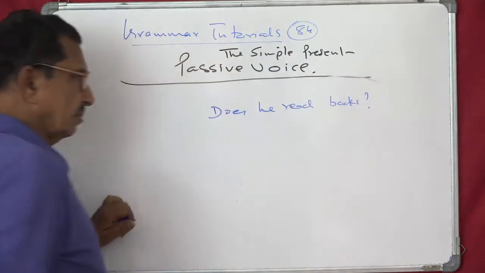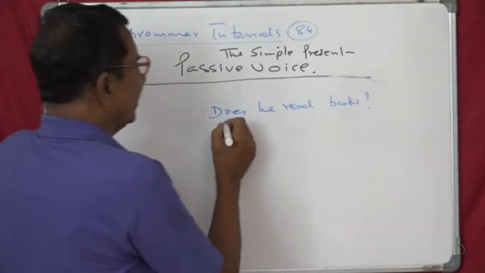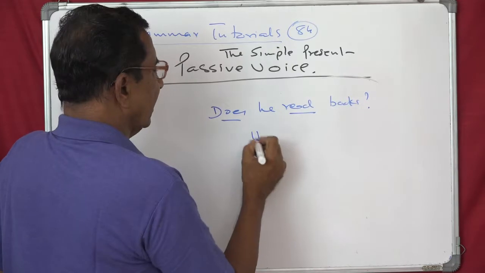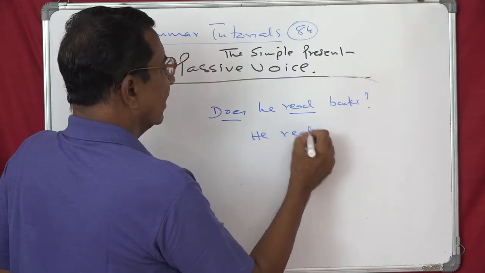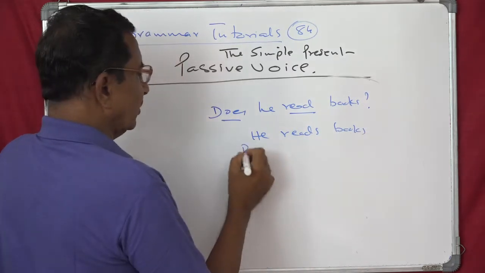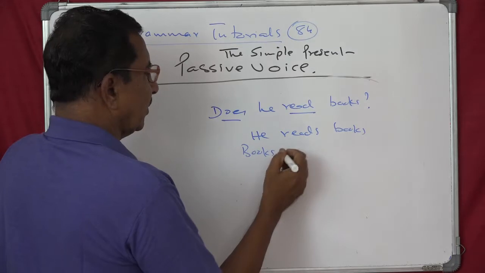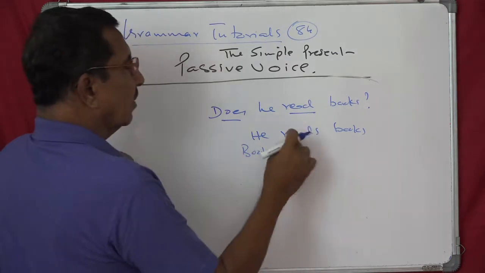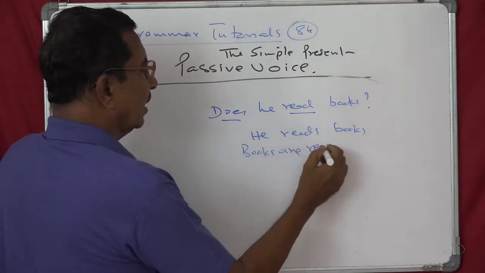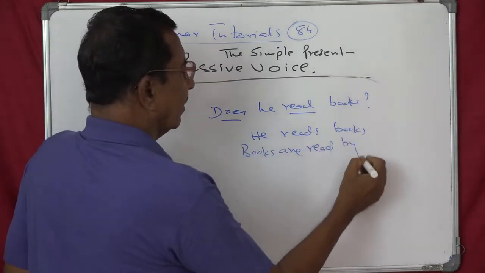So what to do? Turn it into a statement. This together should go, no? Then he reads books. Now it's easy. Books, third person plural, are. Past participle is read. So books are read by him.